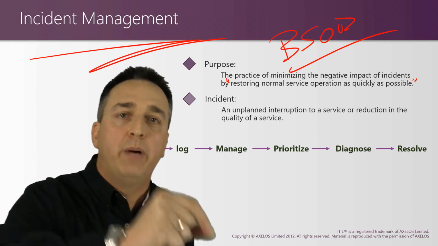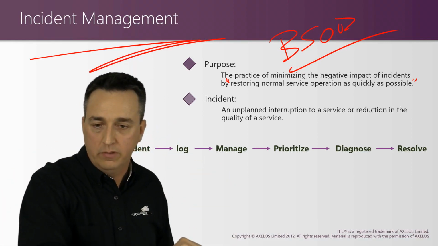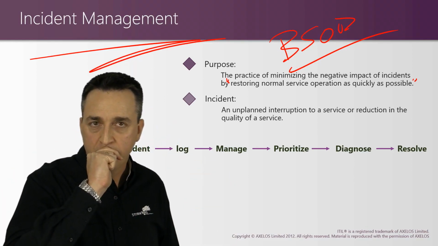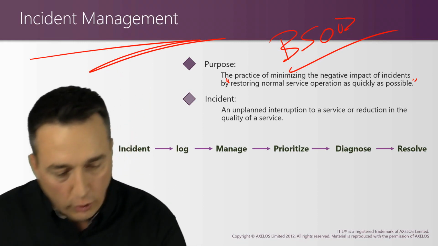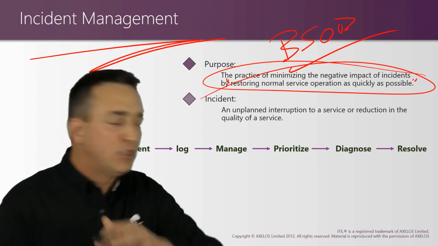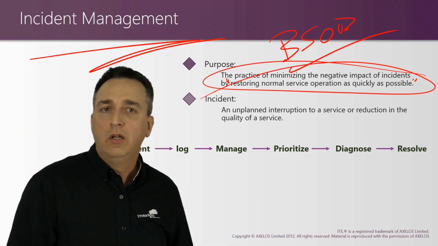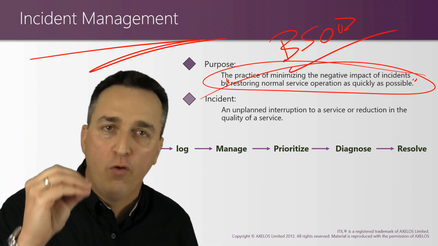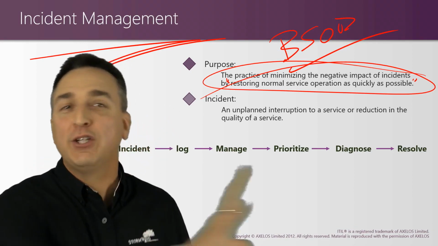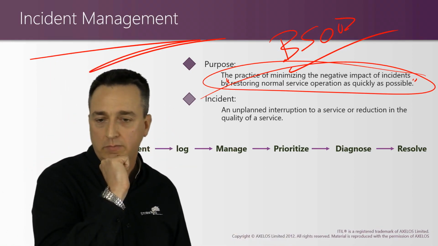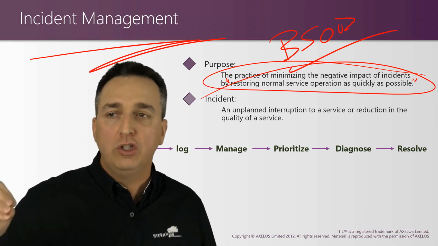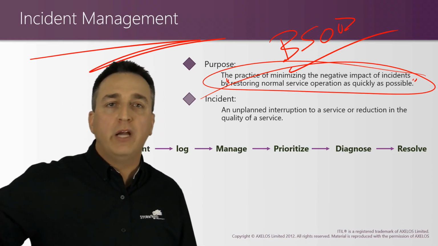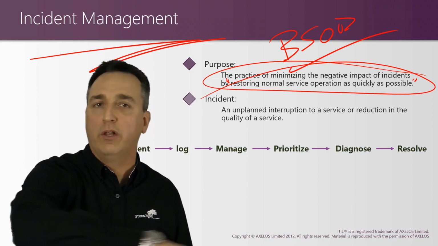We don't care about solving problems. Oh, not in incident management. Restore normal service operation as quickly as possible. That's all that matters. To solve the problem, there's a totally different practice separate from this. See, your goal with incident management is to get the user up and operational as fast as possible, regardless of whether the problem's solved or not.